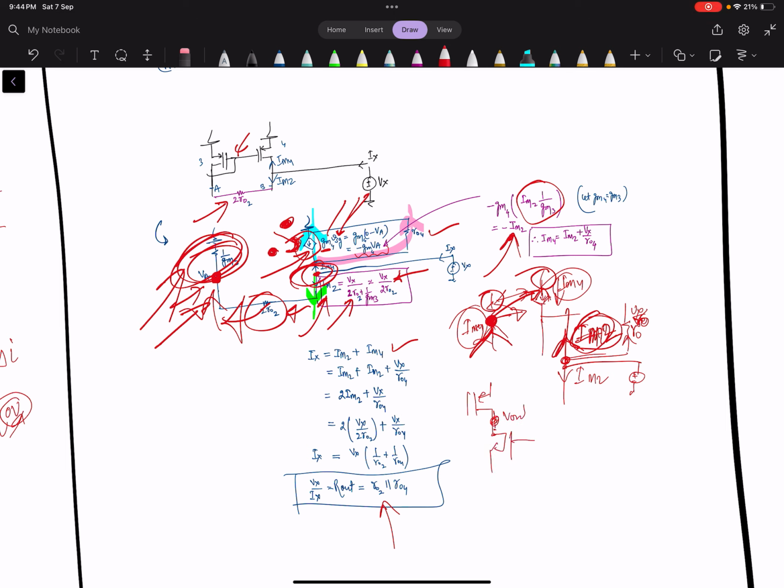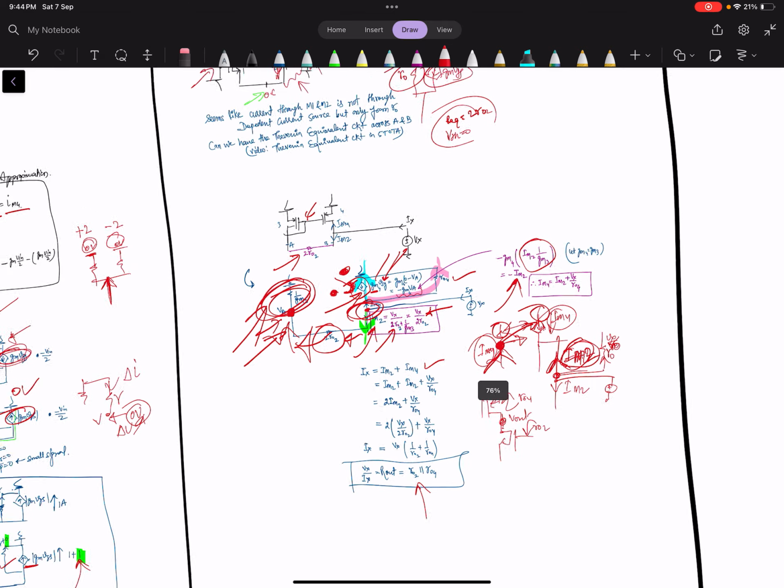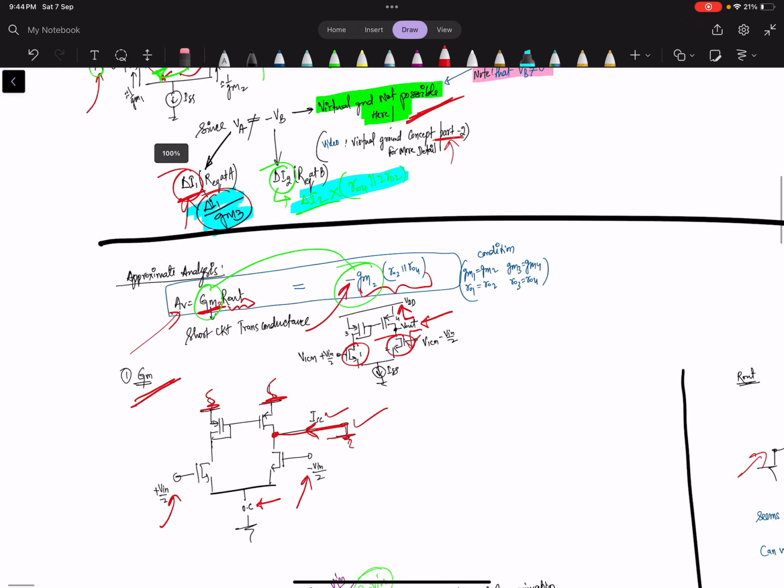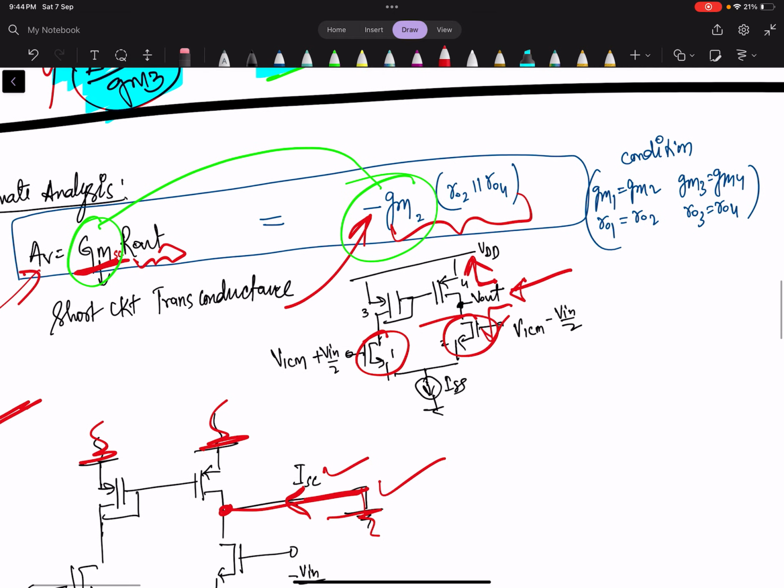This is V out, so this will be R04, this will be R02, so both are in parallel. So in this way we have calculated the value of R equivalent, this one, that comes out to be R02 parallel R04.